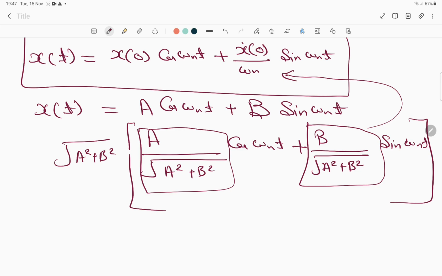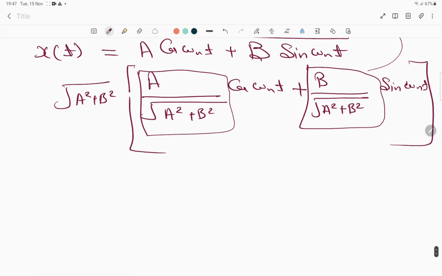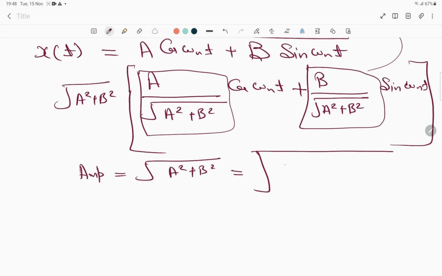So if I do that, what I can write over here is I have some amplitude, let me write amp. So amplitude is root a square plus b square, and that is nothing but x0 whole square plus x dot 0 divided by omega n whole square, under the root.